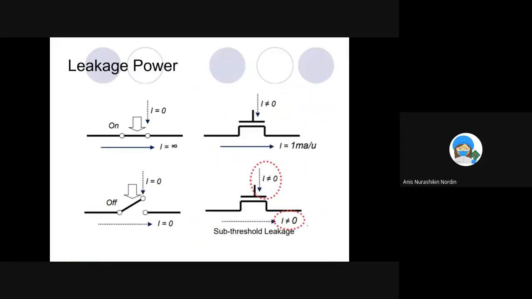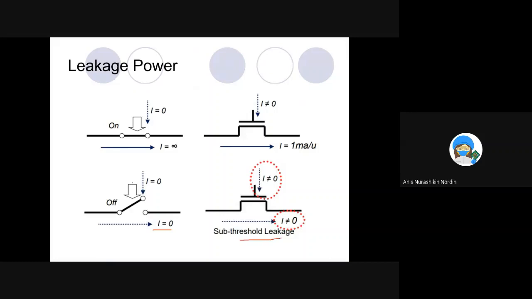Okay, so the leakage power here, you can see over here, sub-threshold leakage occurs when the circuit, this is the transistor, the model is like a switch. When the switch is supposed to be off, there is supposed to be I equals zero. But instead, I is not zero, and this is known as sub-threshold leakage.